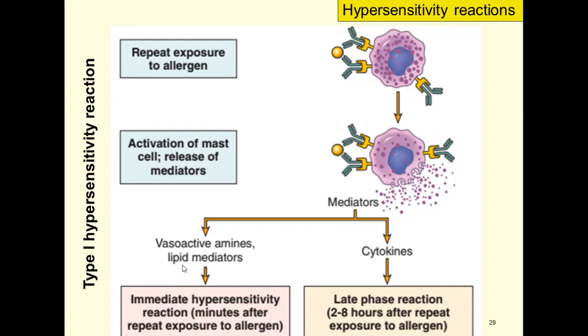And this histamine gives us the so-called immediate hypersensitivity reaction, minutes after repeat exposure to the allergen. But also, due to the presence of cytokines, we have so-called late phase reactions 2-8 hours after repeat exposure to allergen.